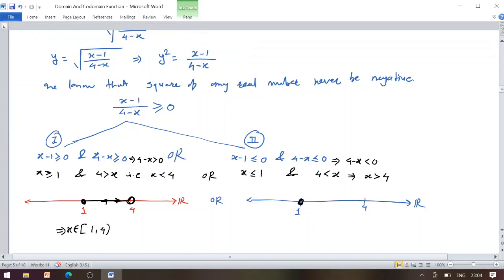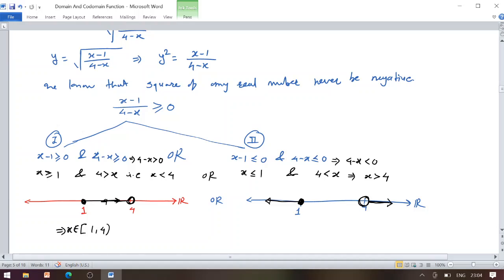So 1 is included and whatever real numbers lie left of 1 are less than 1. Now x is strictly greater than 4. So 4 is not included in the interval and whatever values lie just right of 4 are greater than 4.